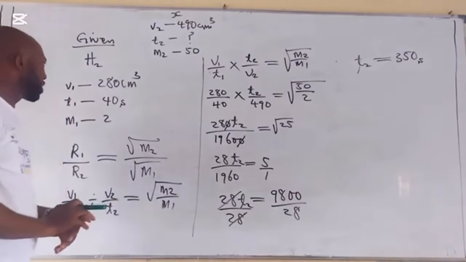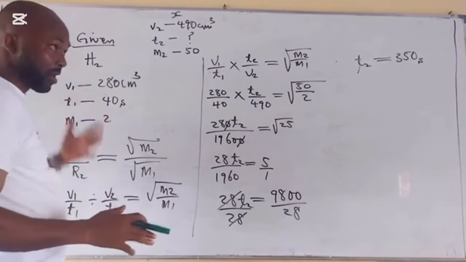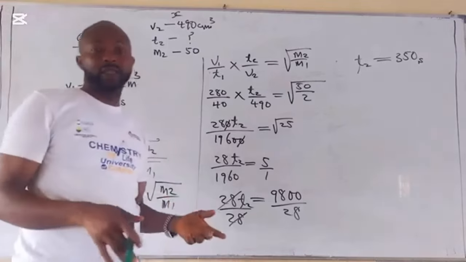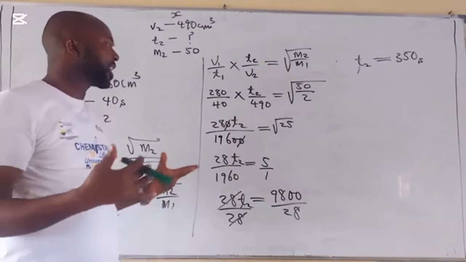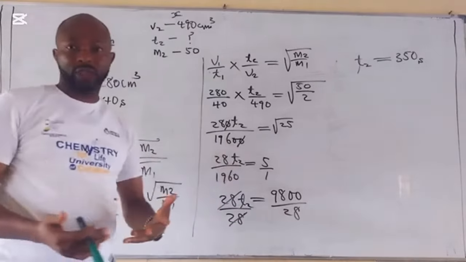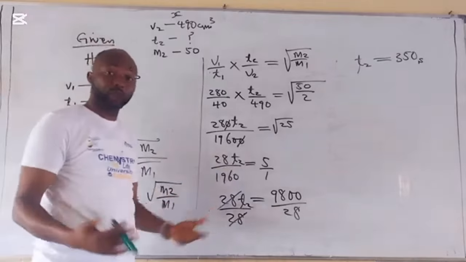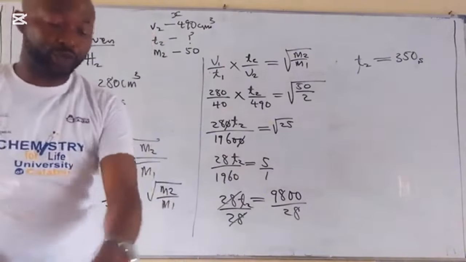It is important that we don't forget that rate is also volume over time. If we don't remember that, we'll find it difficult to bring out the combinations. But let's solve more questions so that in case we do not understand very well, the whole picture will become clearer as we proceed further.